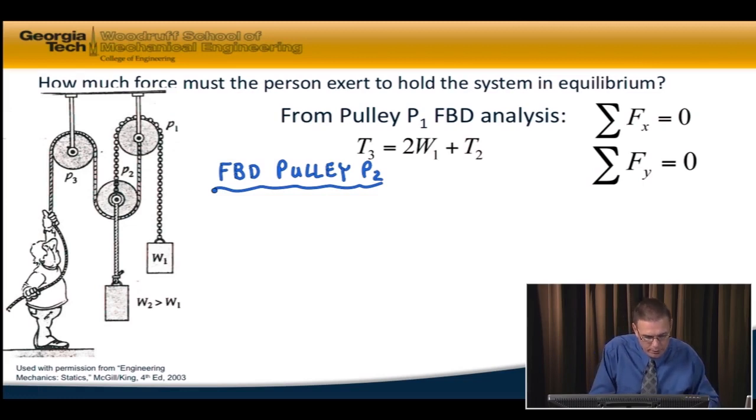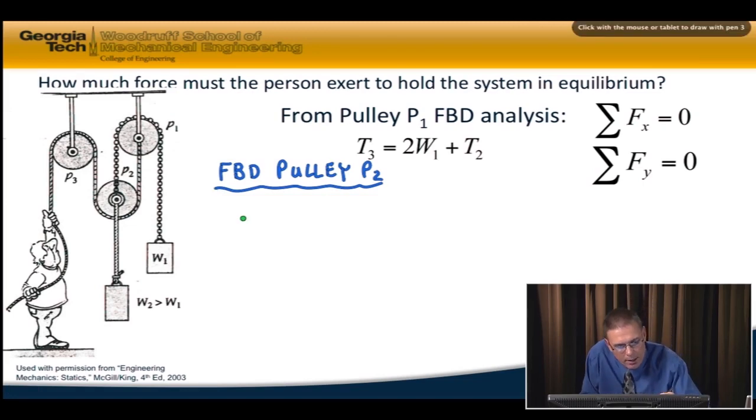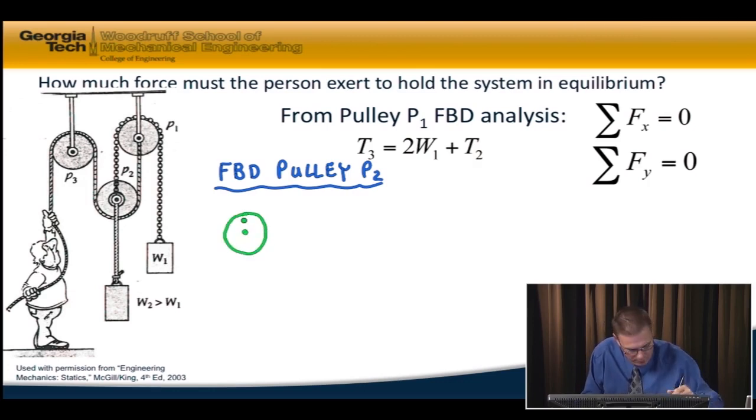Okay, now that you've completed that, here's my body, pulley P2. Here's the center. I apply my external forces. This was T2 on pulley 1 in tension, so it was pulling down on pulley 1. It's going to be pulling up on pulley 2.